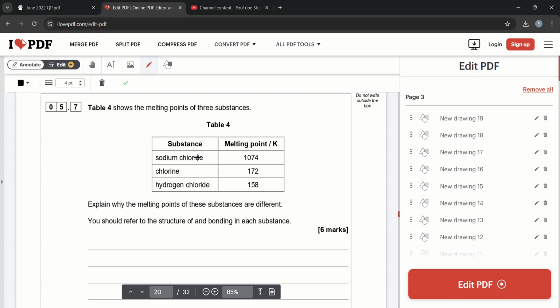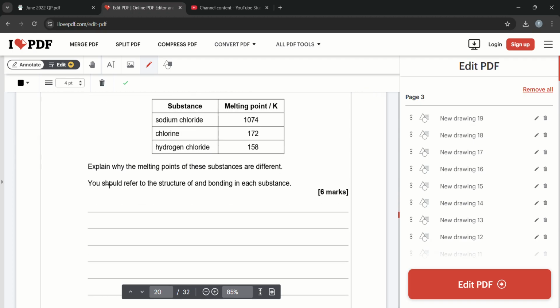Well, sodium chloride is giant ionic. It's got an ionic lattice. Chlorine, well, that's molecular, and so is hydrogen chloride. So stage 1 is going to be on the structure.